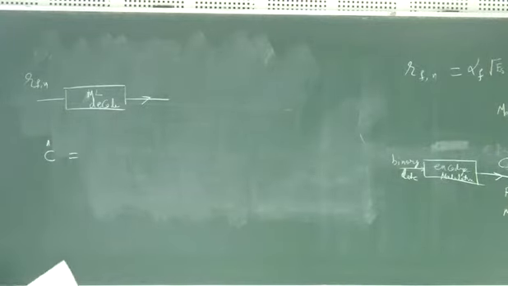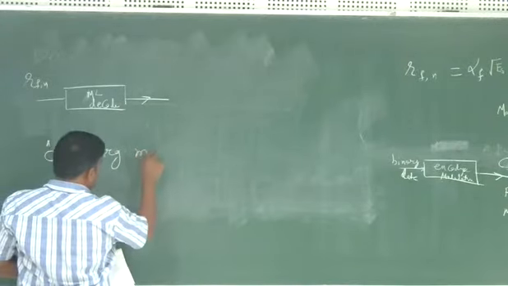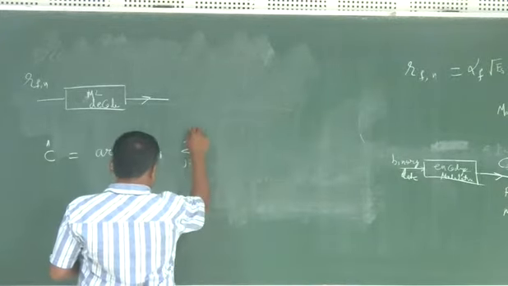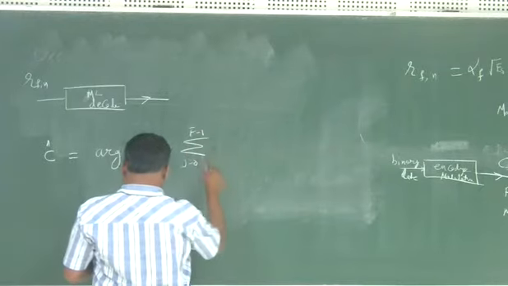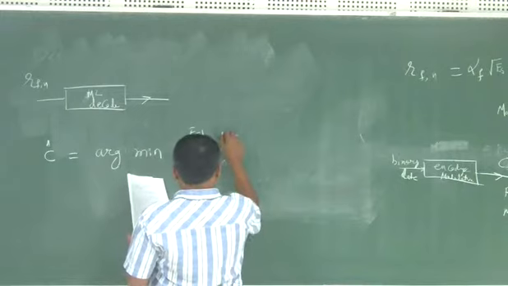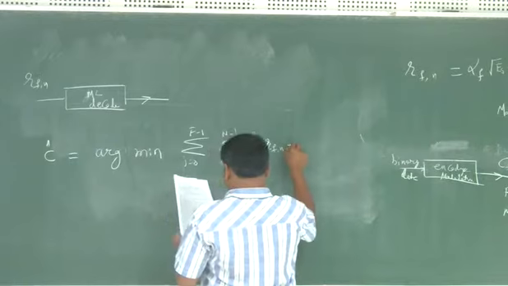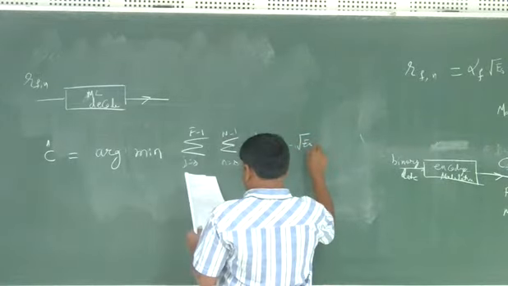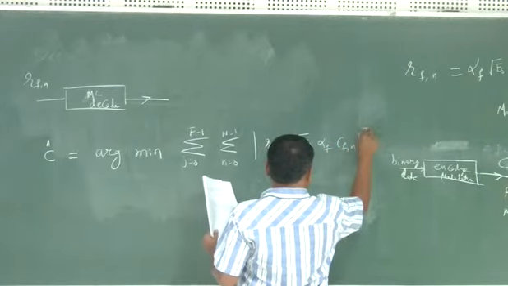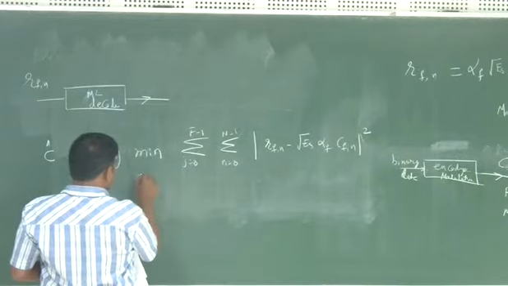C hat is given by the argument that minimizes the Euclidean distance over all feasible codewords.